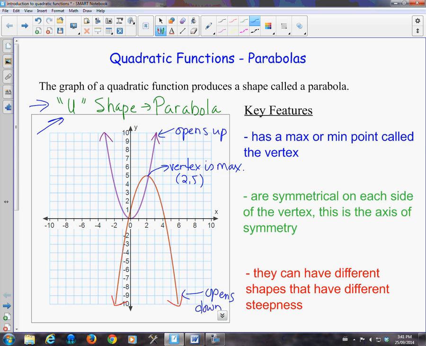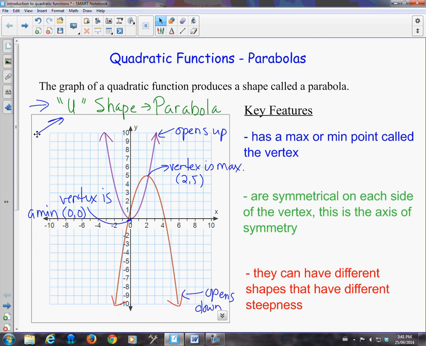In the purple parabola, the vertex is a minimum because it is the lowest point, and it is at 0, 0. So when a parabola opens up, its vertex is a minimum, and when a parabola opens down, its vertex is a maximum because it is the highest point.